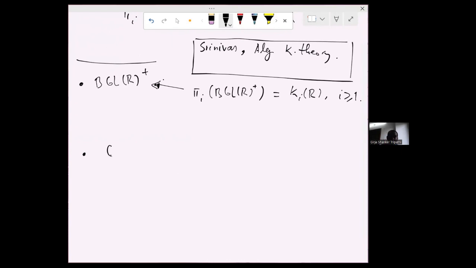So we have our group GLR, and then it has this normal subgroup. In fact, it's the commutator.